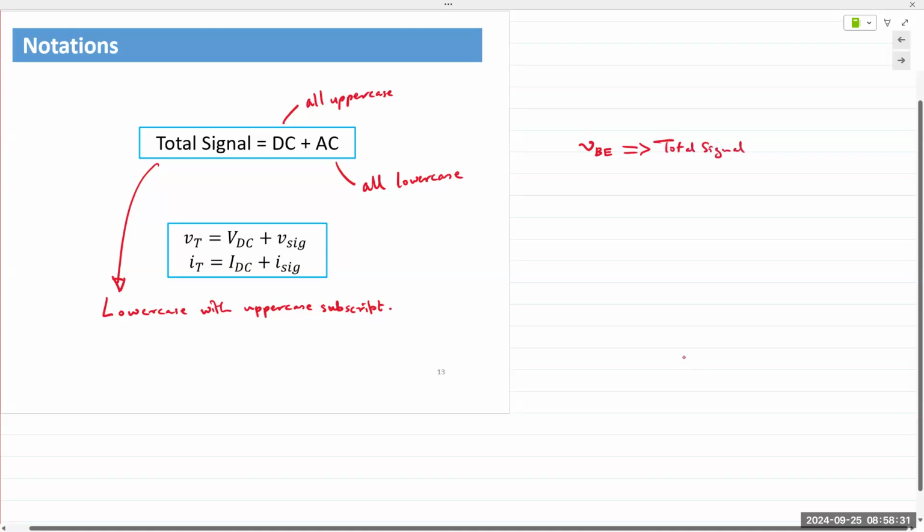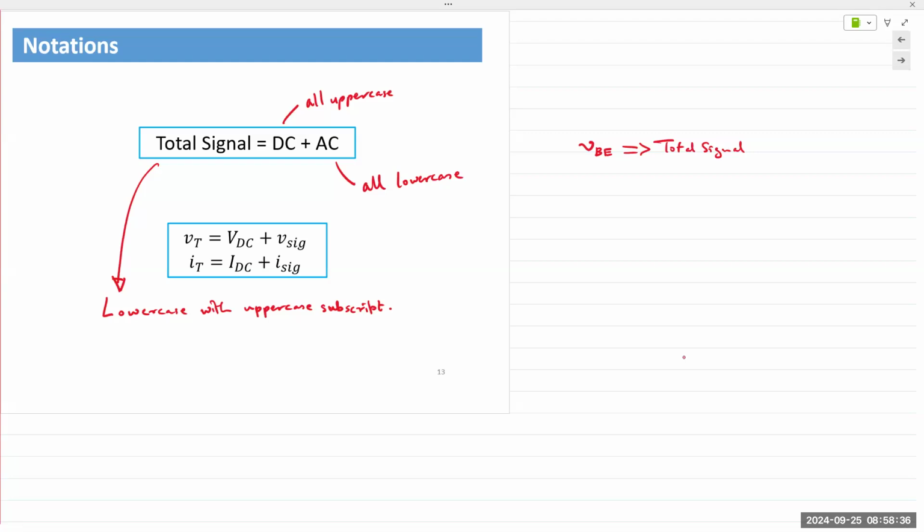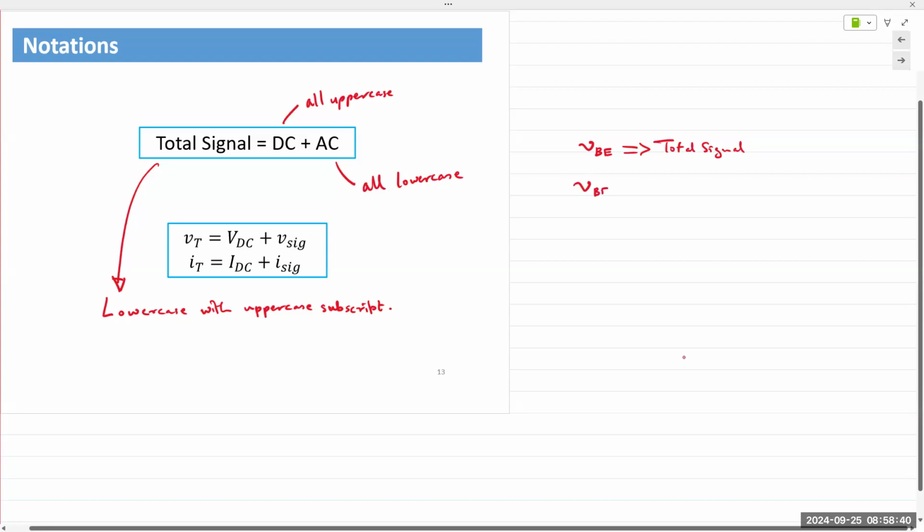The total voltage available at the base when measured with respect to the emitter. And then vBE would comprise the DC voltage or DC biasing voltage plus the AC applied signal, all lowercase. So DC voltage plus the AC voltage.